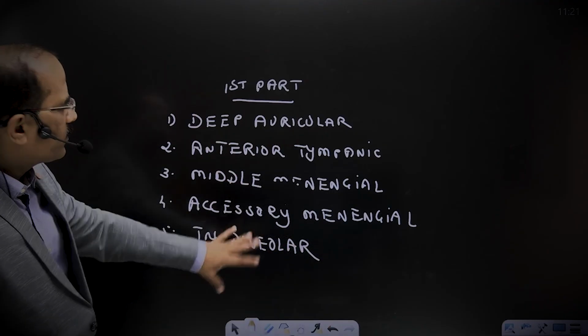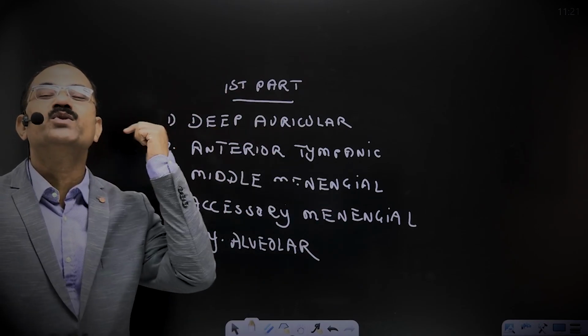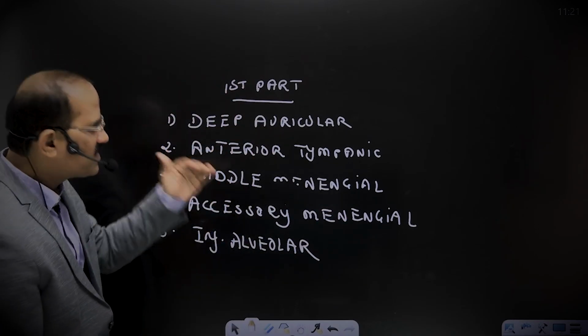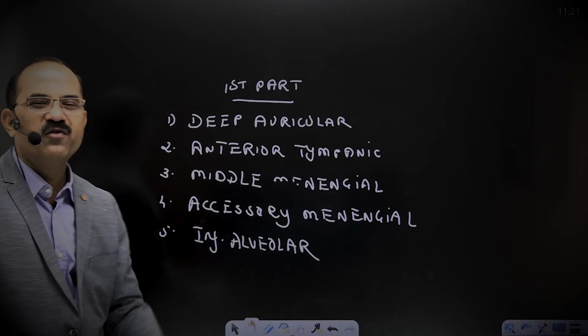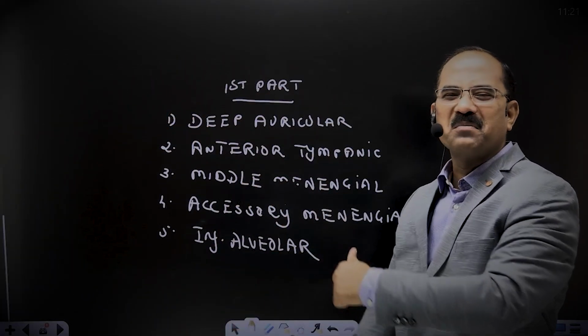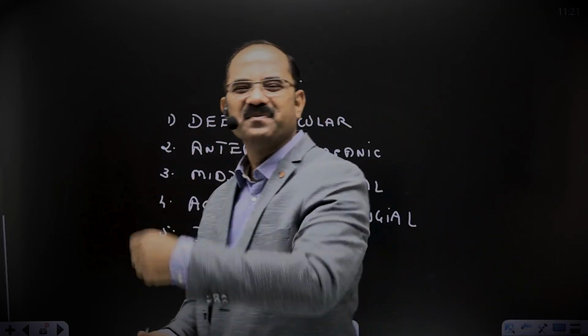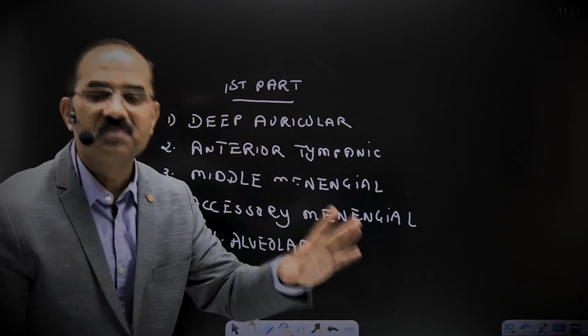So these are all the arteries: deep auricular, anterior tympanic, middle meningeal, which enters the skull through the foramen spinosum, the accessory meningeal, which enters through the foramen ovale, and the inferior alveolar artery, which goes with the inferior alveolar nerve and enters the mandibular foramen. So these are the five branches from the first part of the maxillary artery.